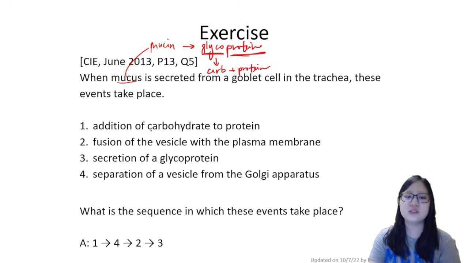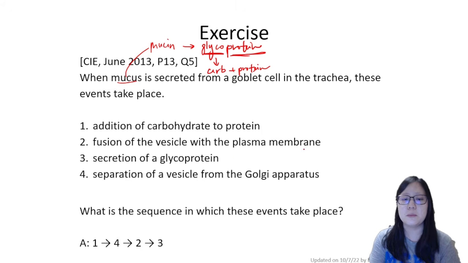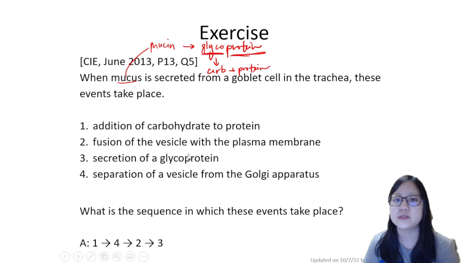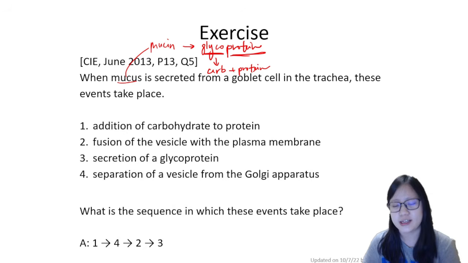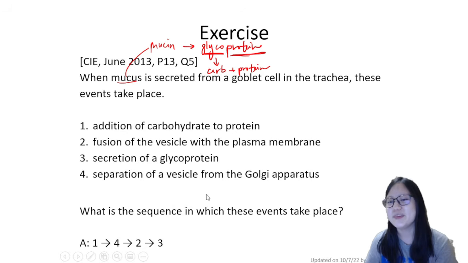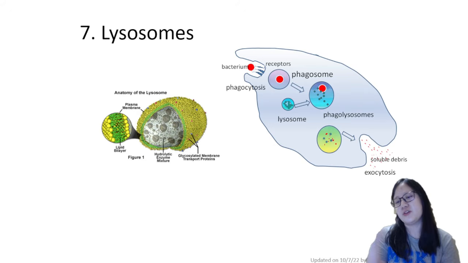Then there's fusion of the secretory vesicle with the plasma membrane, and therefore secretion of the glycoprotein, which is mucin, out of the cell through a process called exocytosis. And that is the process of secreting protein from your cells.